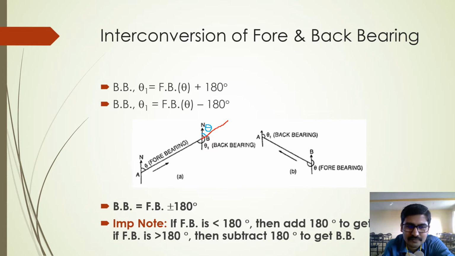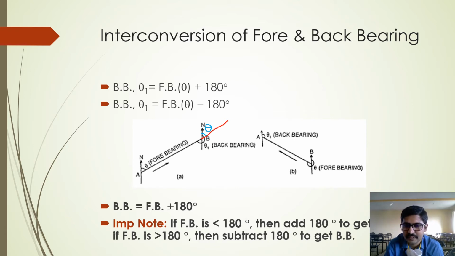So the bottom 180 degrees plus theta will be equal to the total angle theta 1, right? So the back bearing of the line AB will be equal to the fore bearing of the line, that is theta, plus 180 degrees. In the same way, if you go for the second diagram, then the back bearing will be equal to the fore bearing of the line minus 180 degrees, right? In such cases, it becomes minus, because the fore bearing itself is larger than 180 degrees, so plus 180 degrees cannot be used.